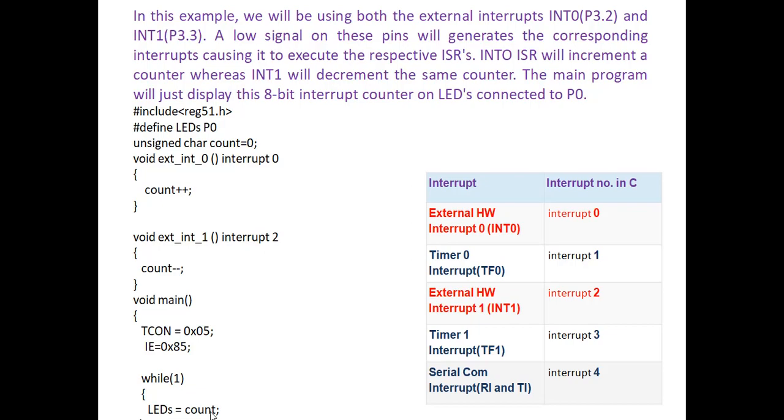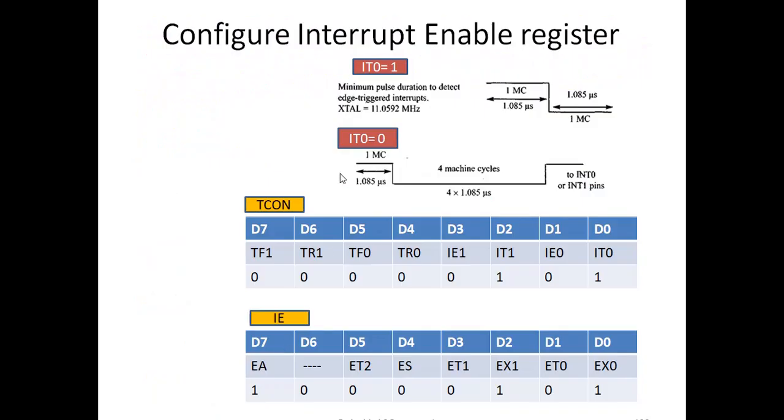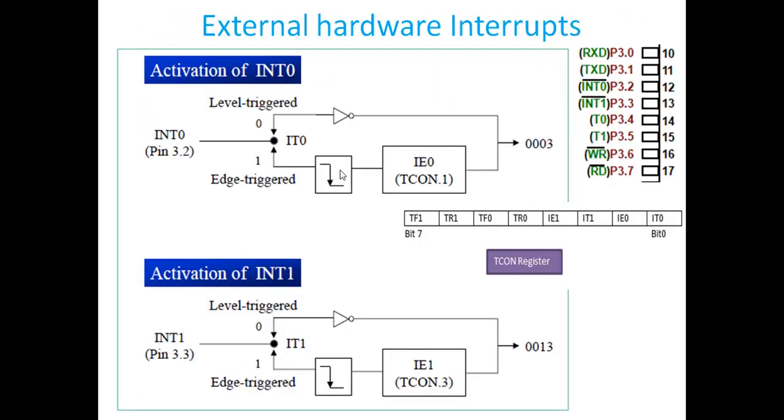Now, for example, in the physical pin of the 8051 microcontroller, pin 3.2, suppose you apply an edge trigger, the IE0 we make 1, so the interrupt is going to be generated. So the controller is going to execute this ISR program.